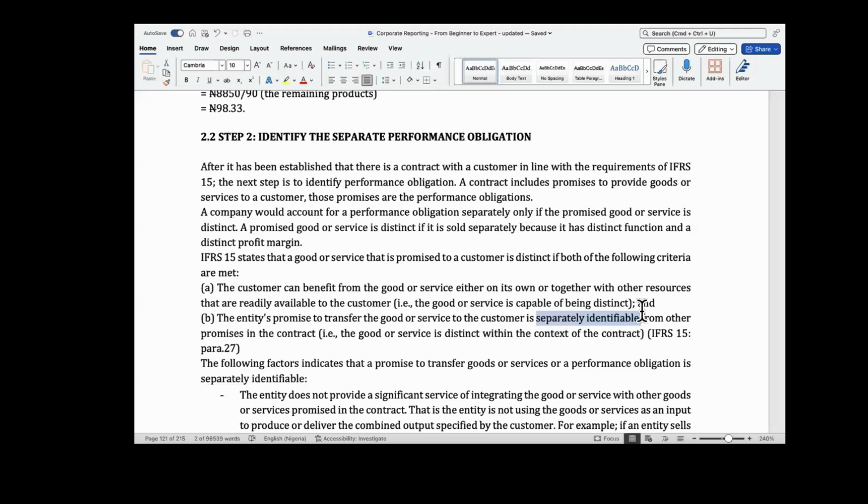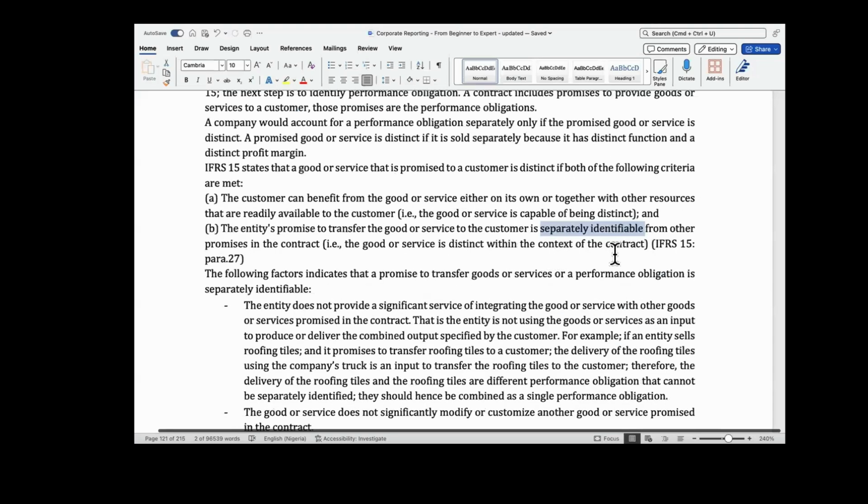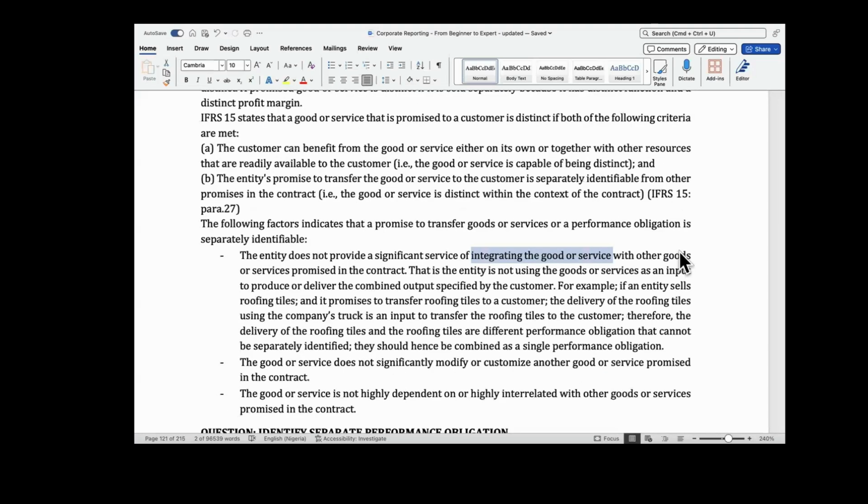Separately identifiable in the sense that you don't integrate that goods or services with other goods or services. Meaning it is not like a raw material or an input to another goods or services. It's not an input, it is not integrated.